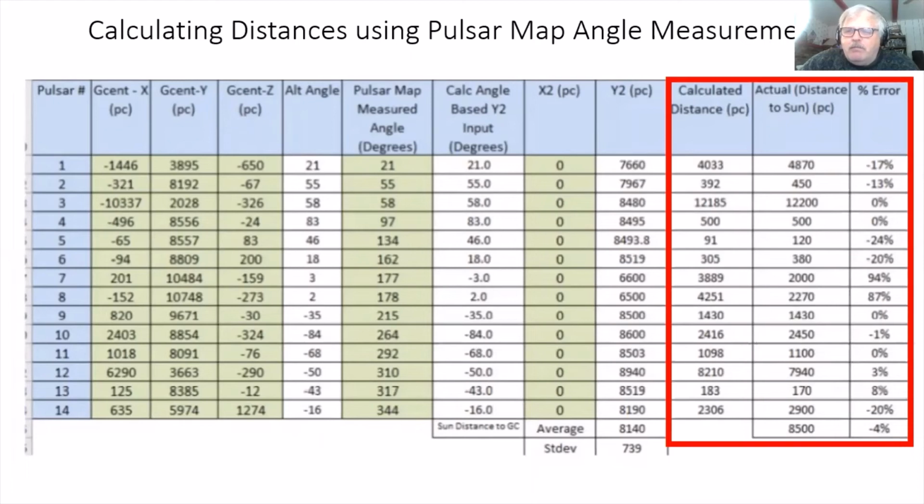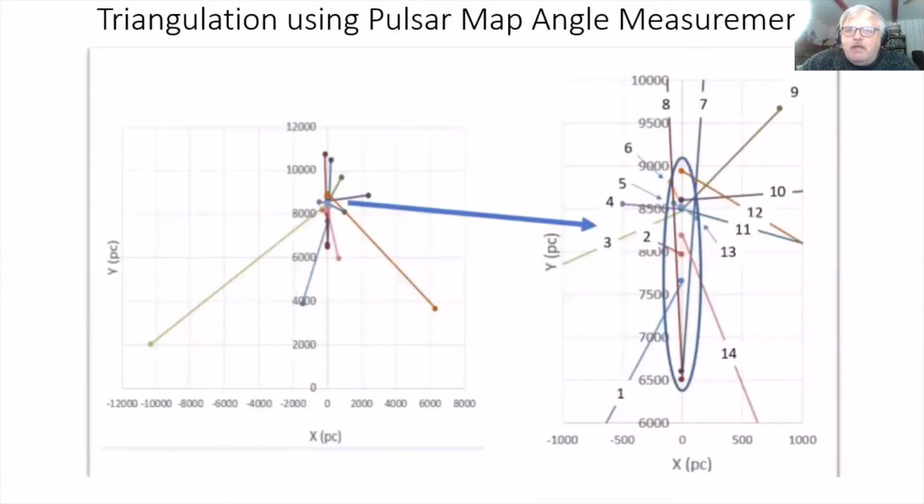But first I did the variation for the angles. The angles were a lot better. They had a lot less deviation. If you look at this, you'll see the actual angle measurements. You can see that I did get pretty good results. These are basically lines going from the pulsars through the angles.